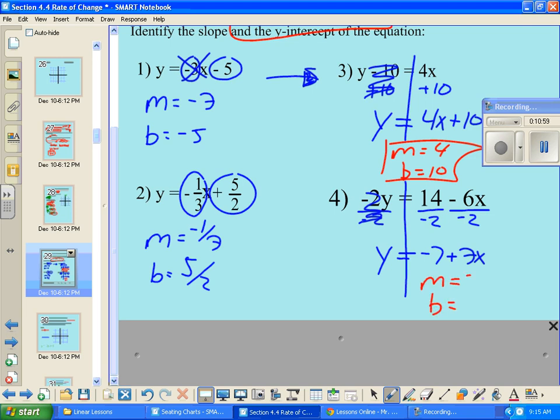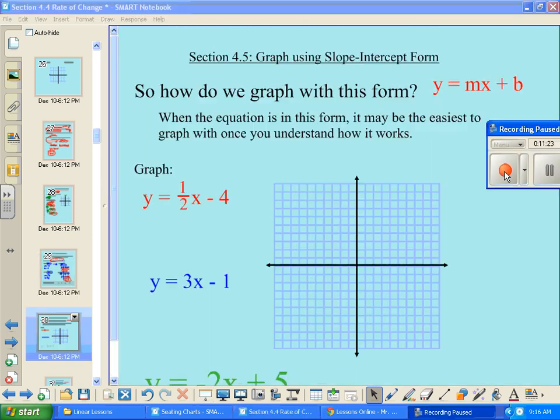So in this case, my slope is still 3. And I could also see this if I put in 0 for x, it would cancel this out, correct? So that would give me my y-intercept, which would be negative 7. So there's my slope and y-intercept for that problem. Even though I had to solve it and get it in slope-intercept form first, I can still do that. We've done that in the past. I can move things around so I can identify the slope and y-intercept of that equation.